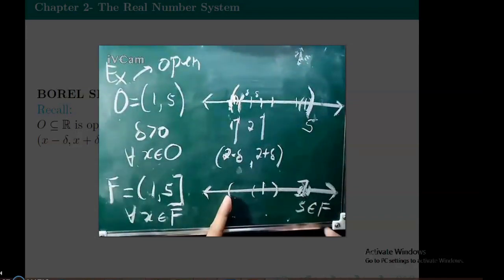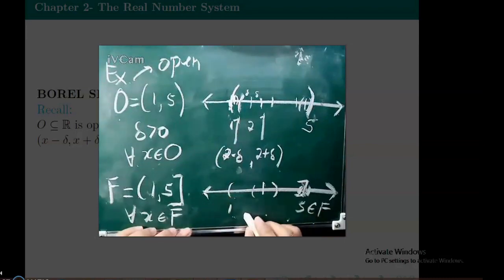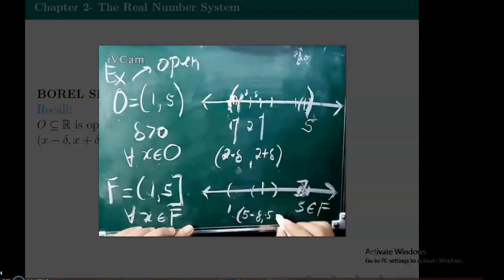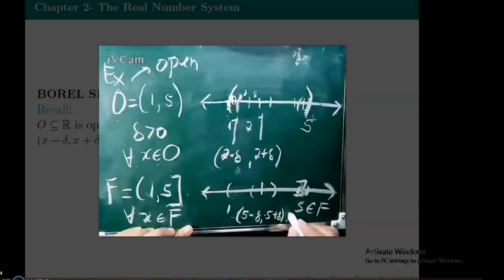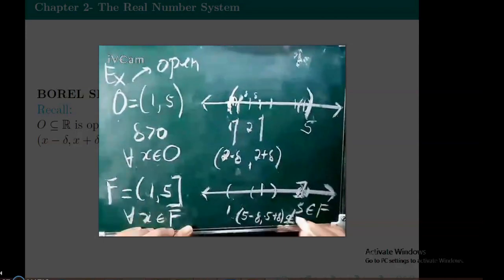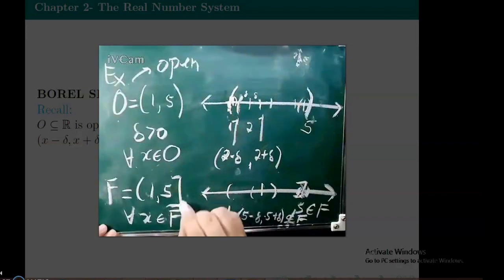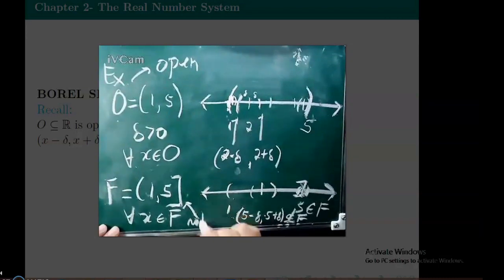Follow? So it means that this interval, 5 minus delta to 5 plus delta, is not contained in F. Therefore, this set here is not open.